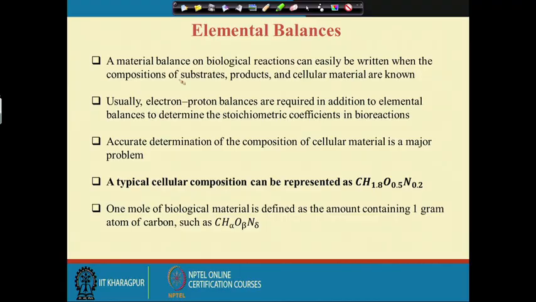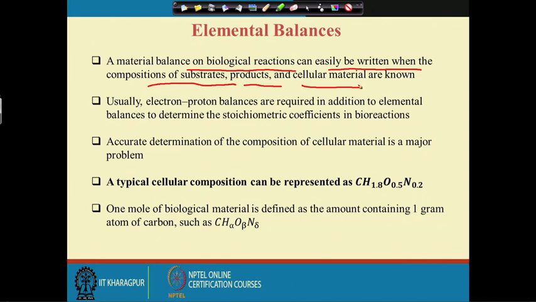If you look at the elemental balance, the material balance of a biological reaction can be easily written if the composition of substrate, product and cellular mass are known. In the biosystem, you put in your substrate, and then you get the product.